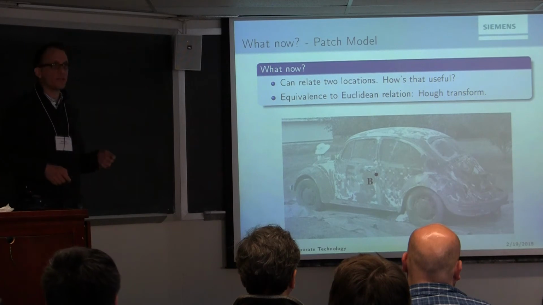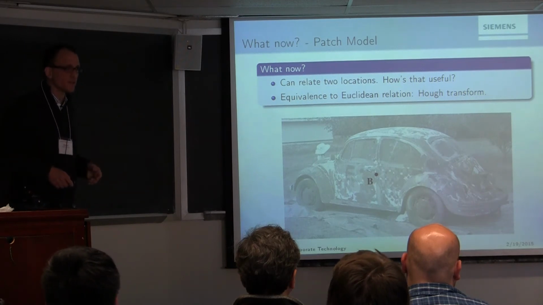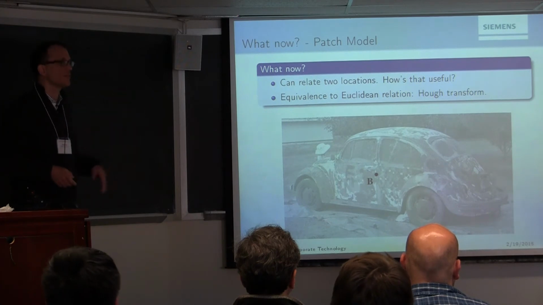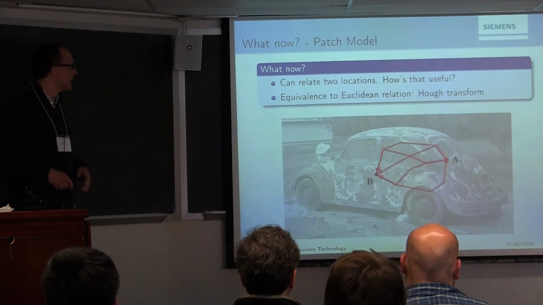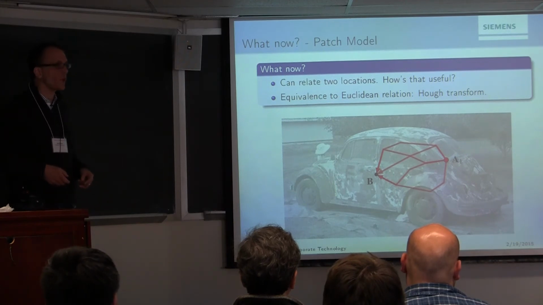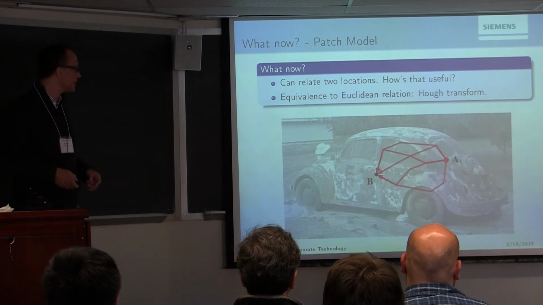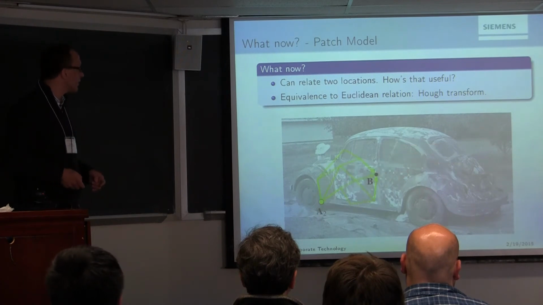So if we want to represent this object, we choose an arbitrary location on it. It doesn't really matter which, so here it's just roughly the center. And then we look at any other point on the object and relate it to the center point via the traces that I've introduced. And we do this for all possible points on the object.